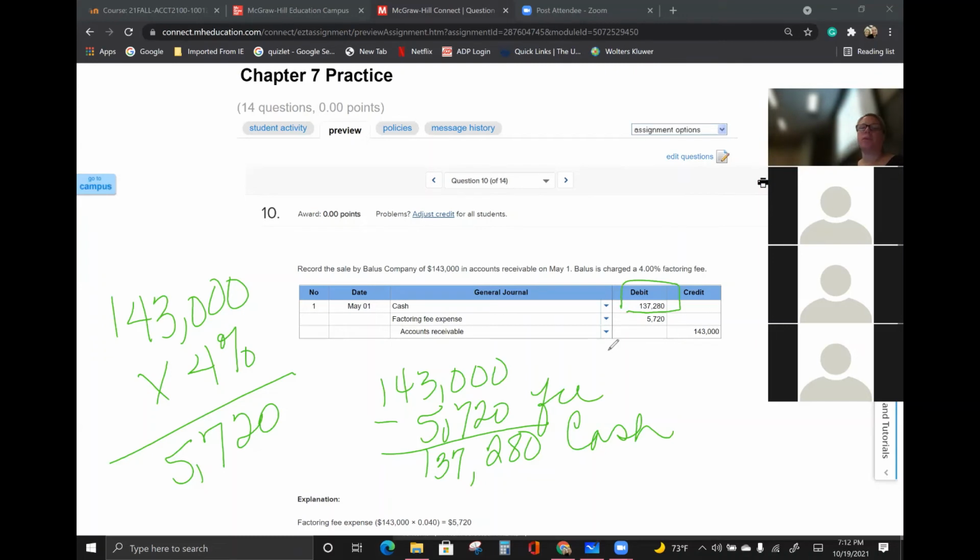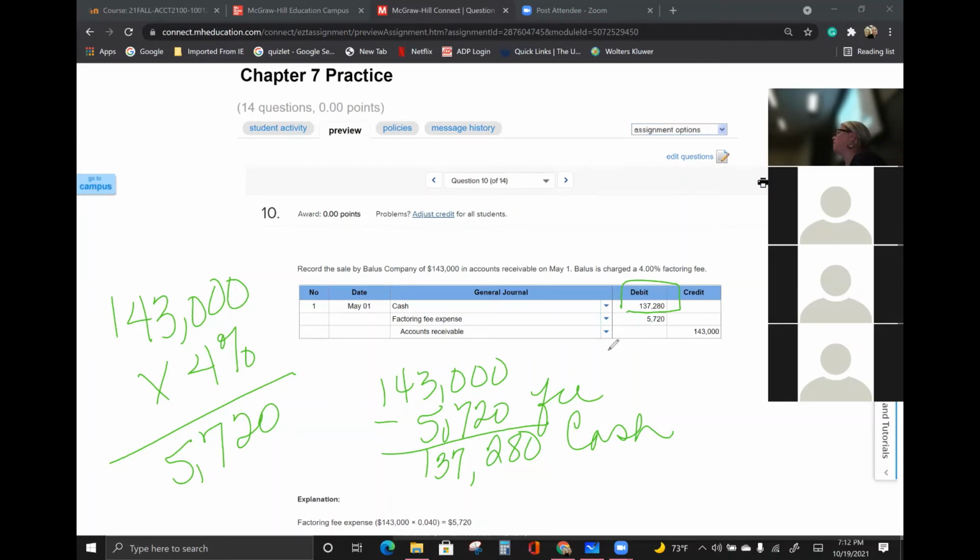The way they're doing this example is they're just doing one account that says accounts receivable for $143,000. If you have multiple customers on that report that make up that $143,000 in the system, you'll have to individually go to each one of their accounts and issue a credit memo so that it clears off all of those customers.